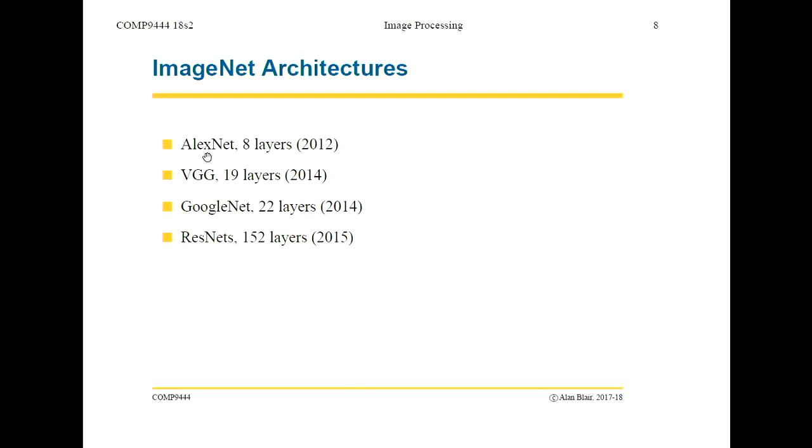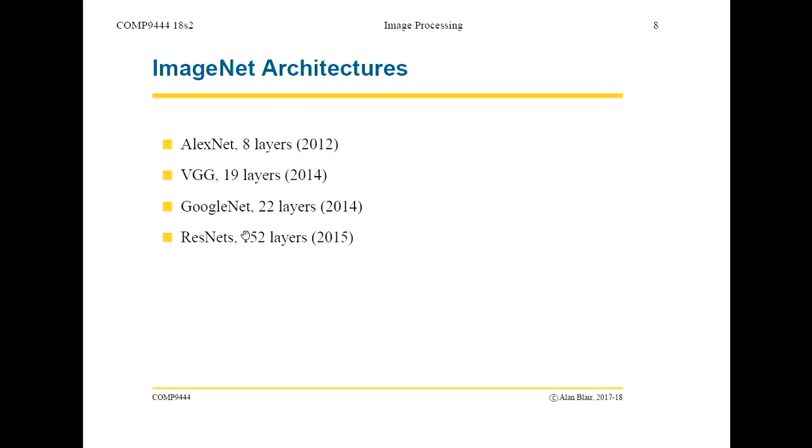So just going back to this list, in 2012, this AlexNet we discussed had 8 layers. In 2014, the winner had 19 layers, but was built on quite similar principles. This network in 2014, I'm not sure, I think it included skip connections.